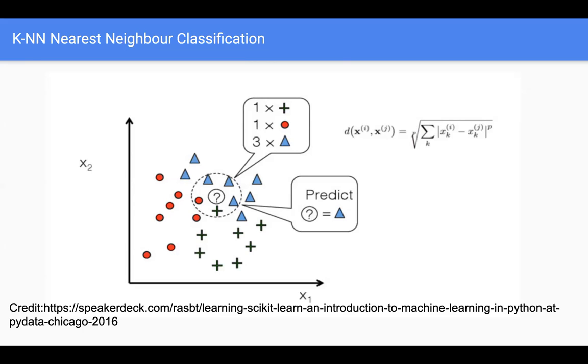So to avoid such scenarios, the best practice is to always use a k which is an odd value. That's the k nearest neighbor classification algorithm.